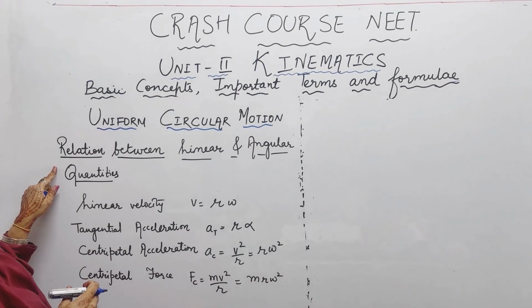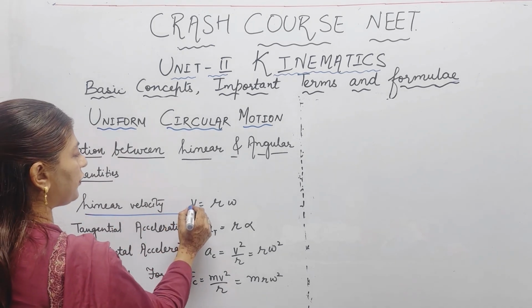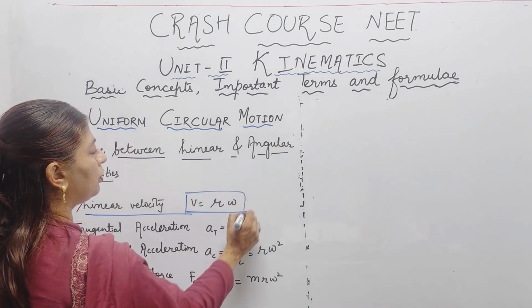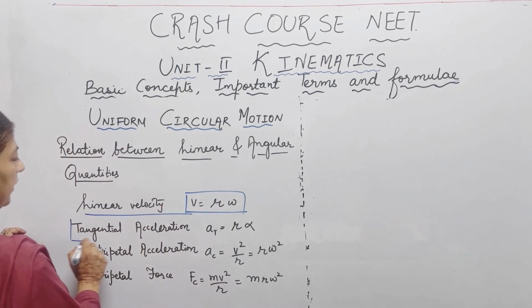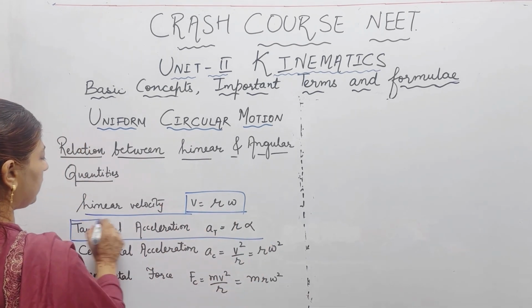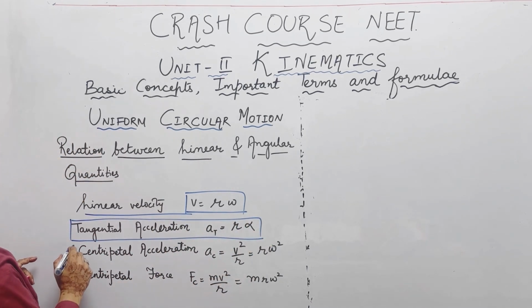There is a relation between some of the linear and the angular quantities. Linear velocity v is equal to r, the radius, into the angular velocity omega. Tangential acceleration a_t is equal to radius into angular acceleration.